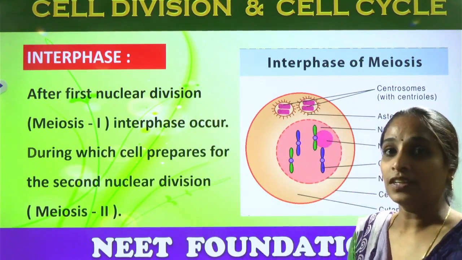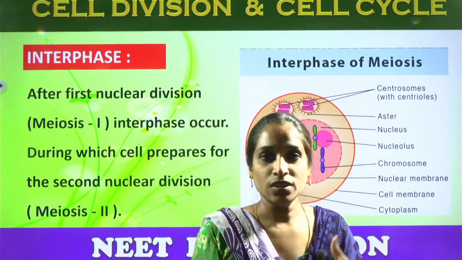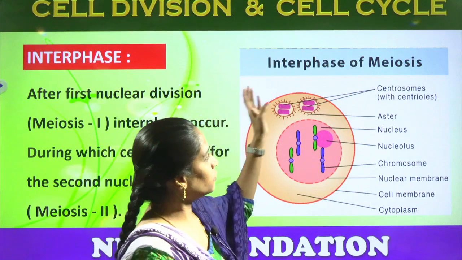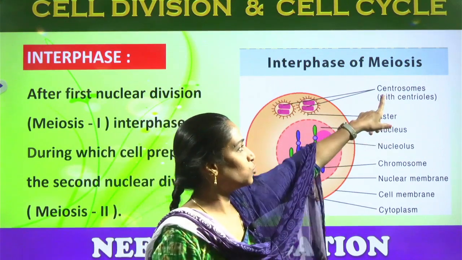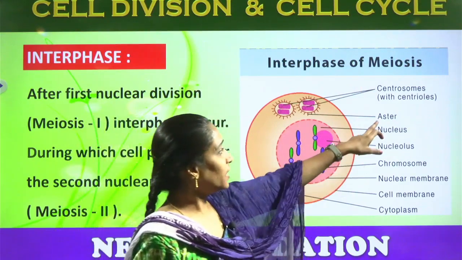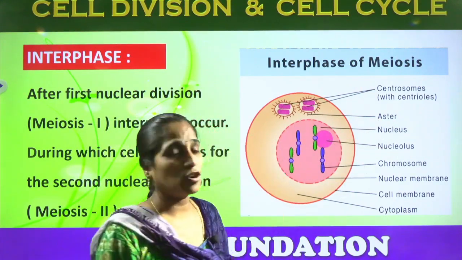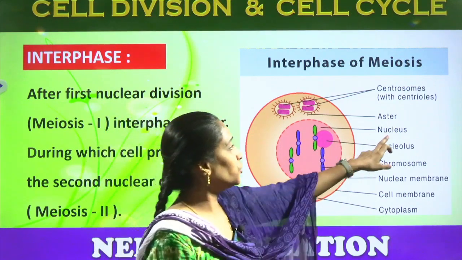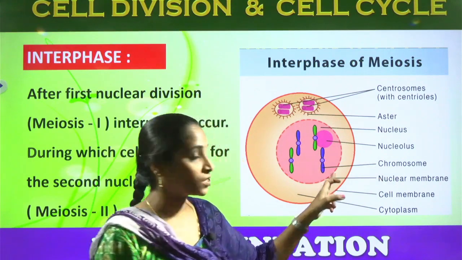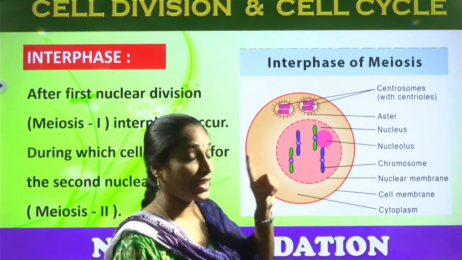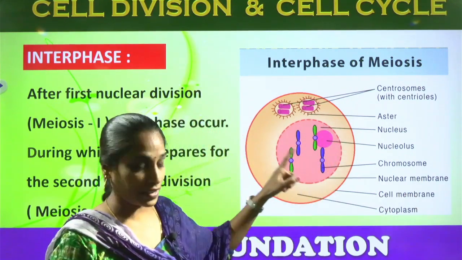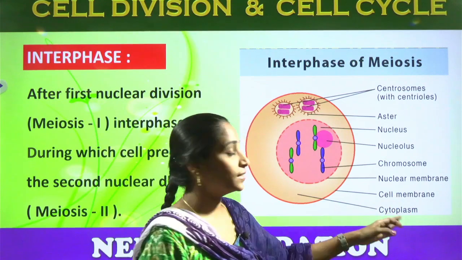What is interphase? The DNA again goes for the synthesis process to get energy, right? In this interphase of meiosis, we can observe the centrosomes with the centrioles for further formation of spindle fibers, and the asters are responsible for forming the spindle fibers. The nucleus, nucleolus and a single set of n chromosomes will be formed, and the nuclear membrane forms again, and next the cell membrane and the cytoplasm.